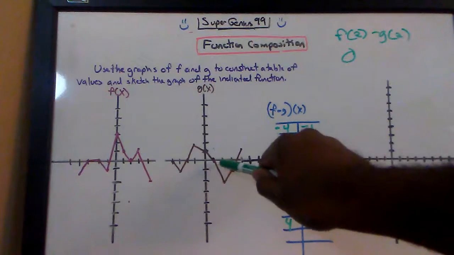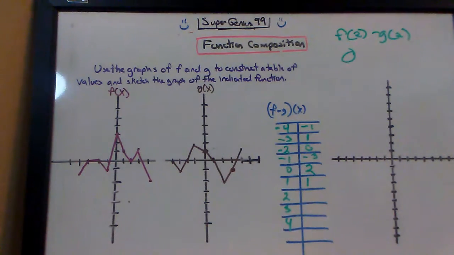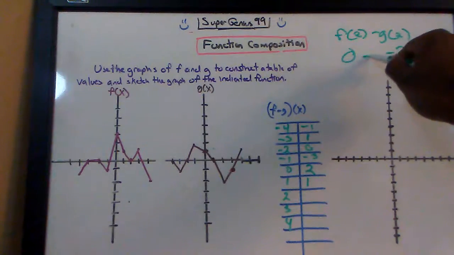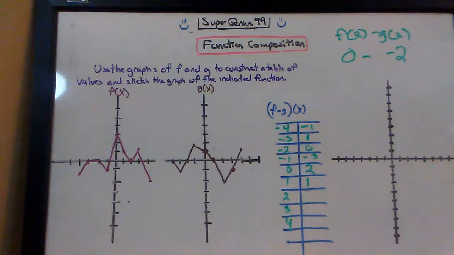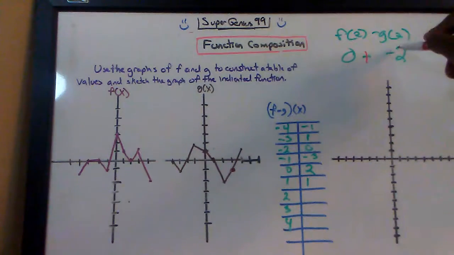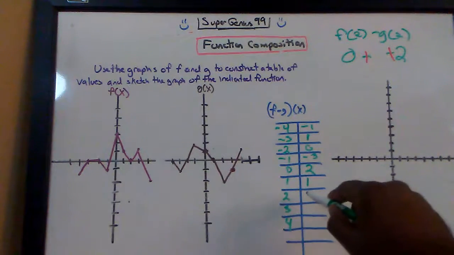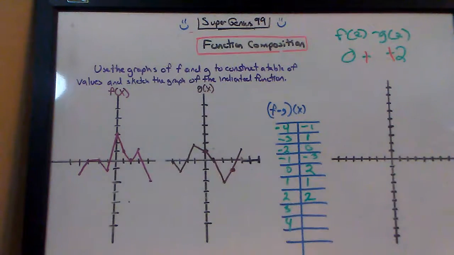When x is 2 in the g function, y happens to be negative 2. So now you got 0 minus negative 2. What do you do in a double negative in math? You add a line, change the sign, or add 2 lines. So it is 0 plus 2. 0 plus 2 is 2.